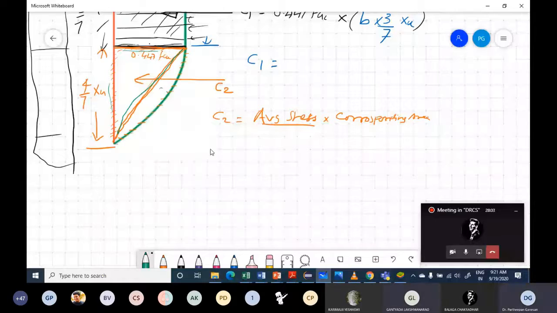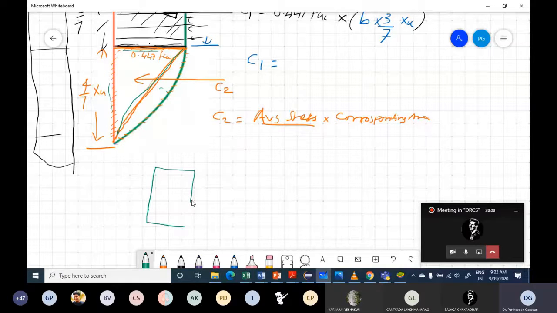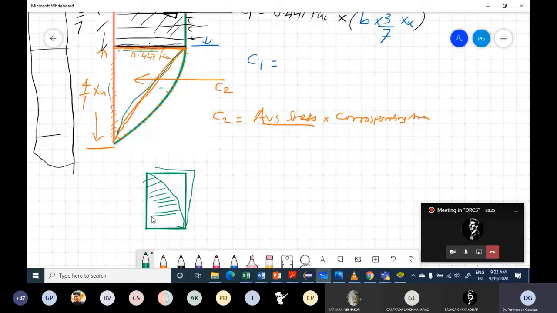What is the area of a parabola? Suppose you have a parabola, and this is a rectangle. Now let us say this is the parabola part. What is the area of this parabola? 2 by 3 of length, sir.